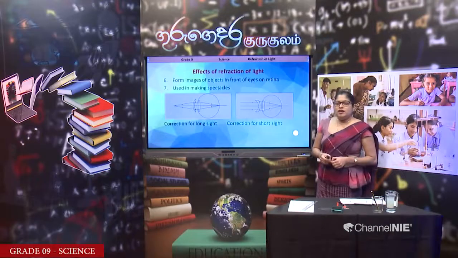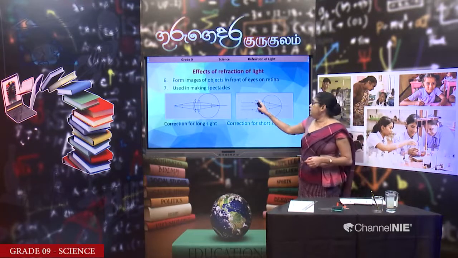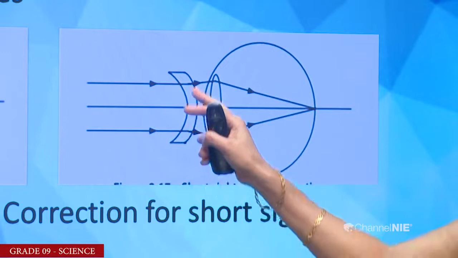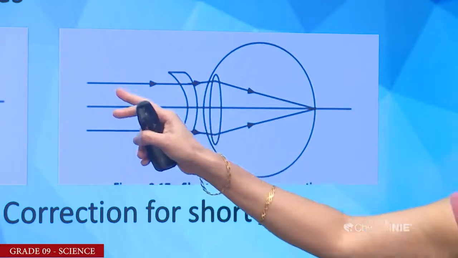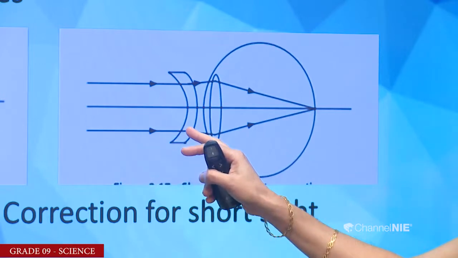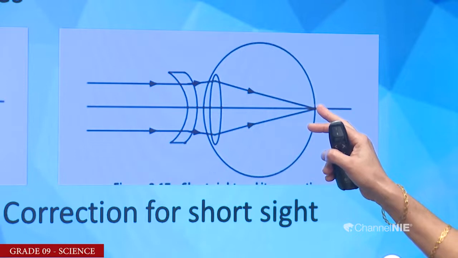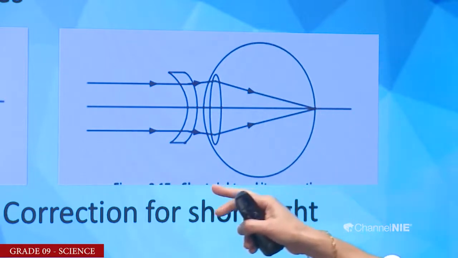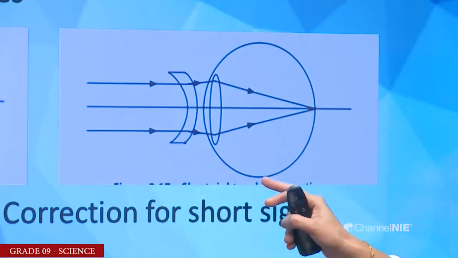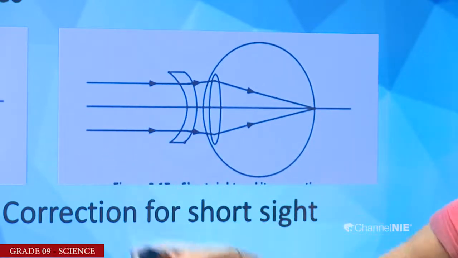When making spectacles for short sight, we have to include a lens like this. So, you can see light rays that are coming from a faraway object are focused on this point called the retina, so that people who have short sight can see the faraway objects clearly.